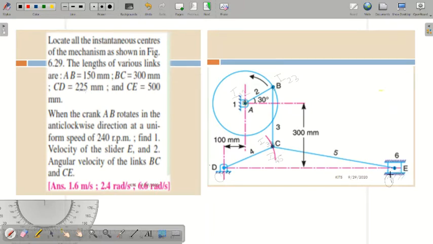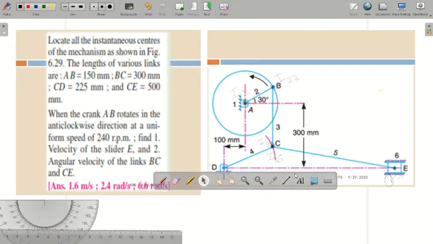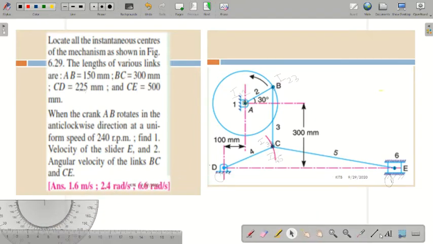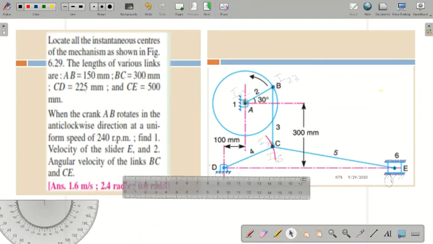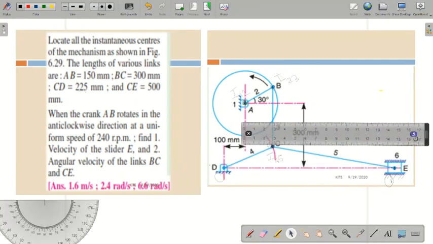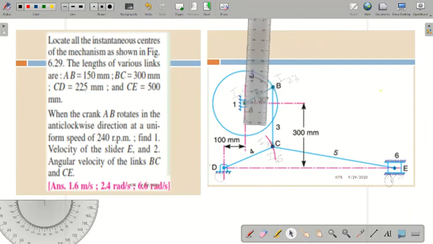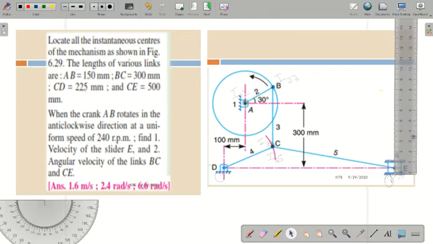For the piston, one small condition is there. For the piston the thing is entirely different from the other things. I'll show you how. Take your scale, hold the scale vertically and bring it to this place.